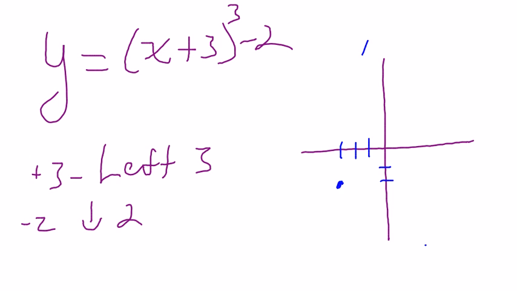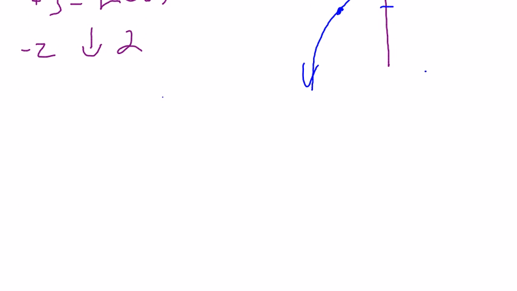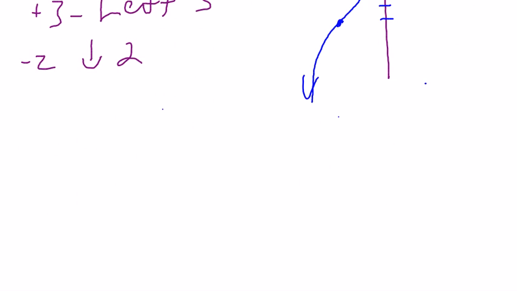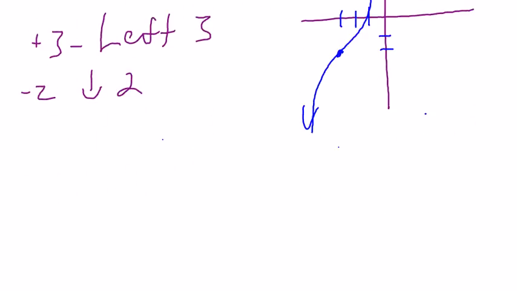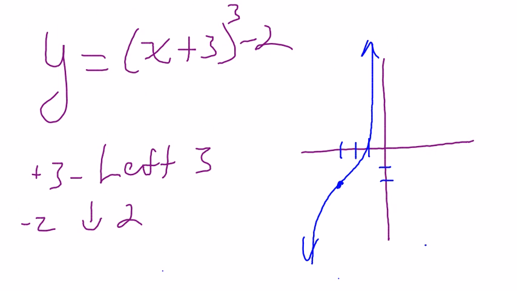It's going to start there, and it's going to look like that. That's about it. If you want to go back and rewatch, you can, but it's pretty much the same thing, the difference is, instead of going back up, it just goes down.